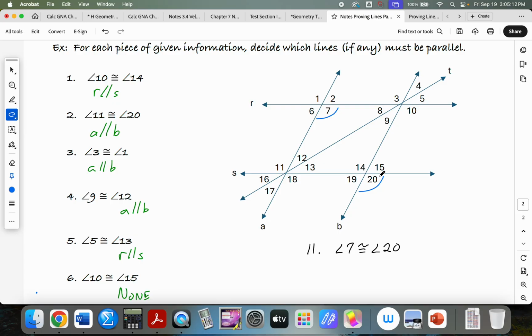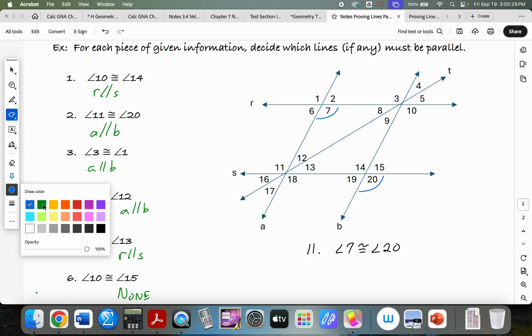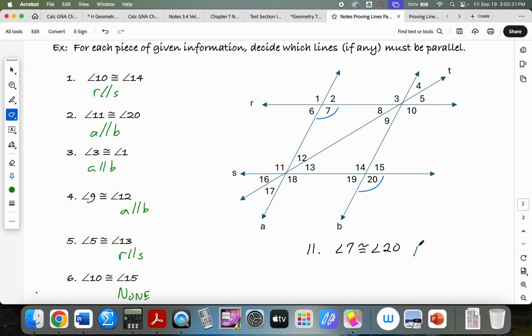No. 7 corresponds to 18, and 20 also corresponds to 18, but 7 and 20 don't correspond to each other because they're not on the same transversal. He said no first, then changed it to yes, and then changed it back. So this is none.